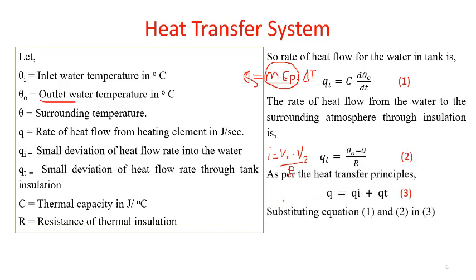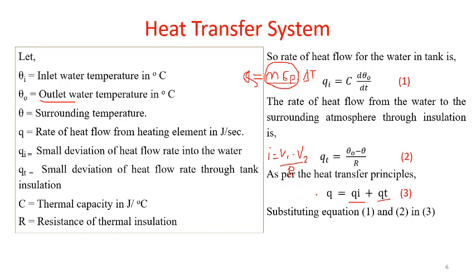Next, as per the heat transfer principle, the amount of heat we are supplying will be equal to the amount of heat flowing out from the tank. Flowing out from the tank is this one, Qi, and flowing out to the surrounding through the insulation is Qt. Q is the heat supplied, which we supply from the electrical system.